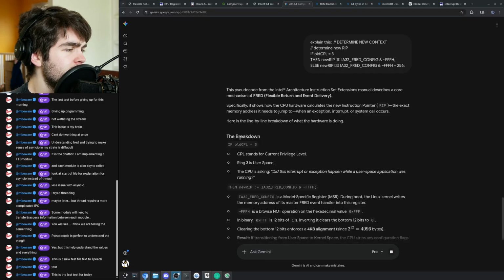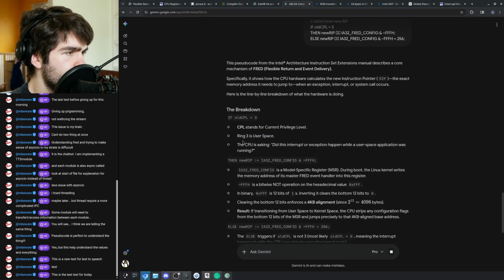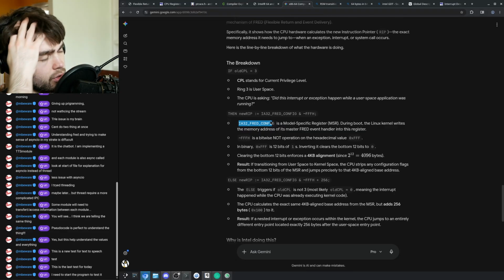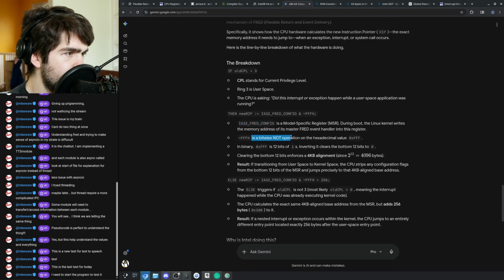Okay. CPL stands for current privilege level, okay, user space. Did an interrupt or exception happen while a user space application was running? Okay. Then new RIP. IA32_FRED_CONFIG is, okay. The bitwise not operation, so we're inverting things.